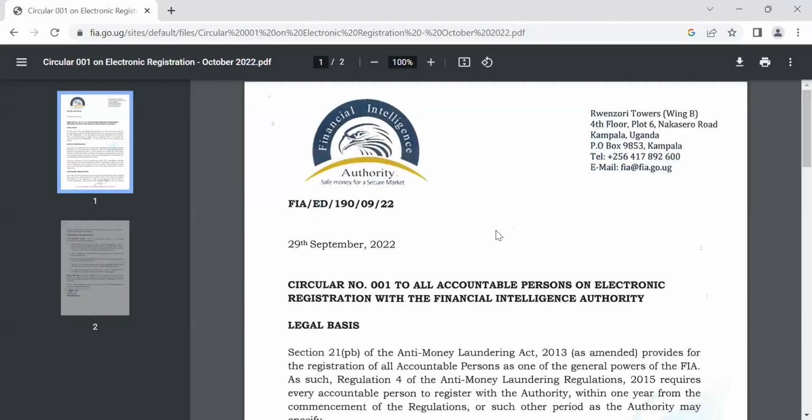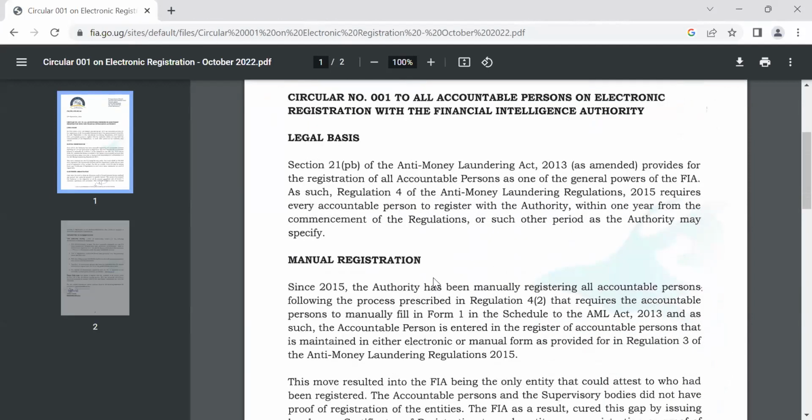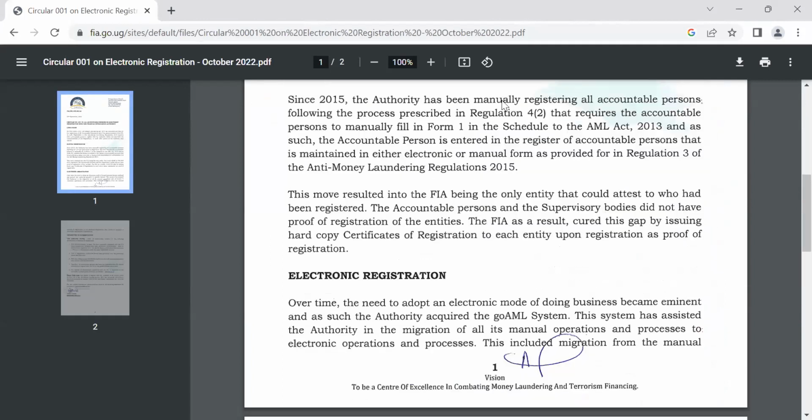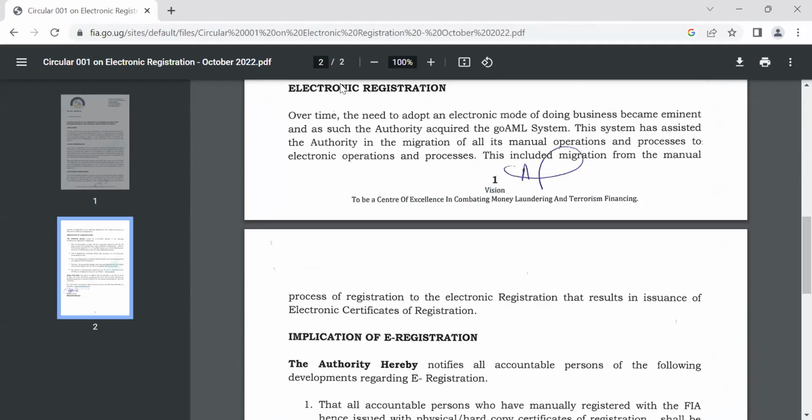I would interest you in following up on this. It was issued on 29 September, and it's the reason we're having this session for the entire sector, to ensure that no one is left behind. It talks about the legal basis of registration, which my colleague Fiona spoke about. I believe many of you are registered with FIA with a manual certificate, and now we are moving to electronic.